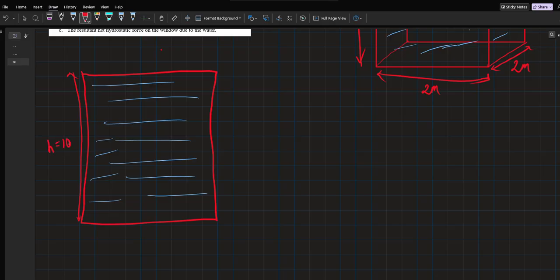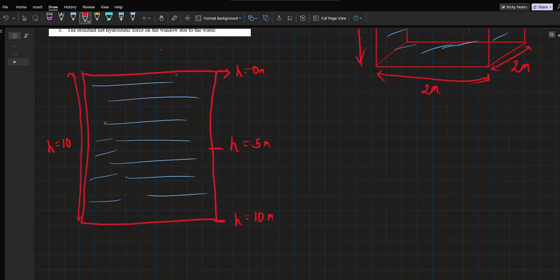If you see from the top, the value of h at this point is 0, because it's at the top of the tank. In the middle, the value of h will be around 5, and at the bottom, around 10, all in meters.